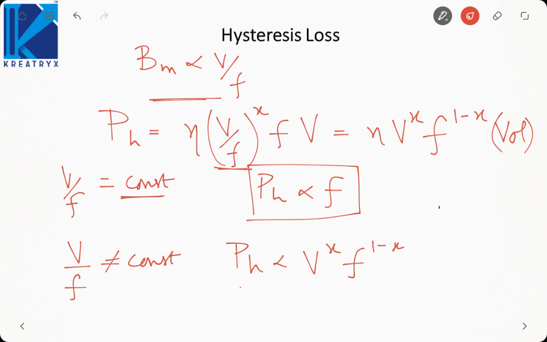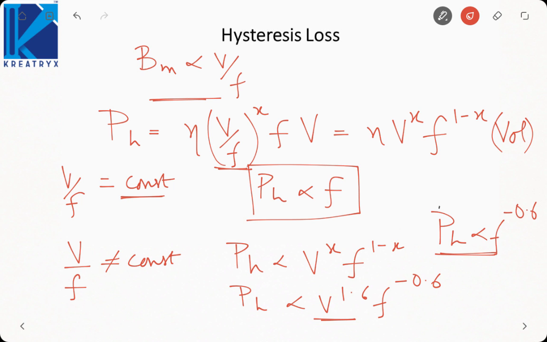If you keep x equal to 1.6, it will be voltage raised to the power 1.6, frequency raised to the power minus 0.6. This will be the expression of the hysteresis loss. Now if you keep voltage constant, then hysteresis loss will be proportional to frequency raised to the power minus 0.6. Then on increasing the frequency, hysteresis loss will decrease.